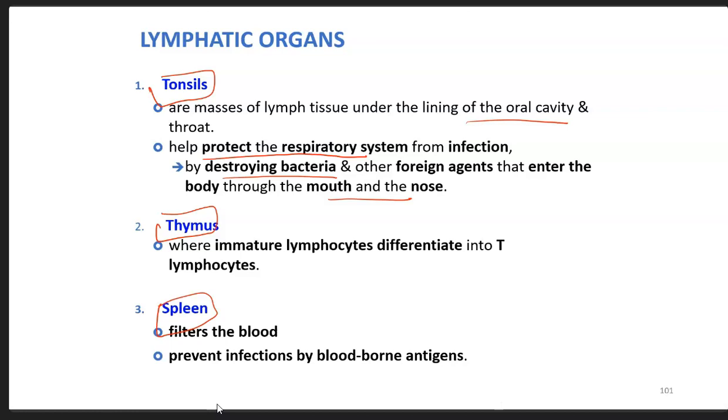Okay, and then thymus, thymus adalah organ, dia duduk atas jantung tu. So it is the place where immature lymphocytes differentiate into T lymphocytes. Lymphocyte is one of the types of white blood cell. White blood cell, kan, terbahagi kepada yang neutrophil, eosinophil, itu adalah leukocytes.